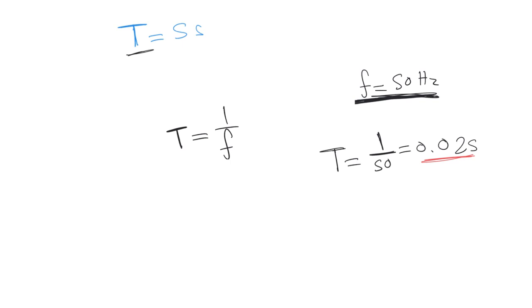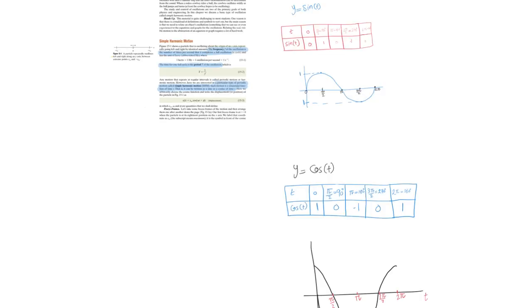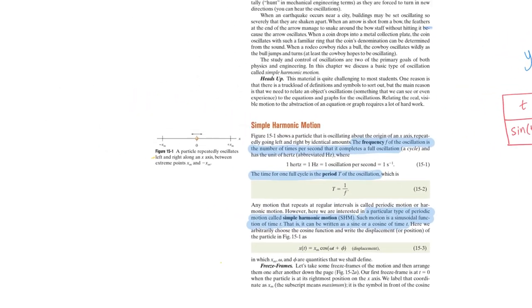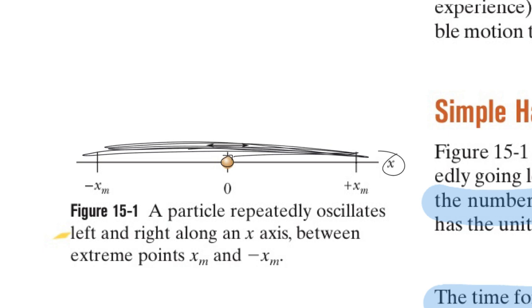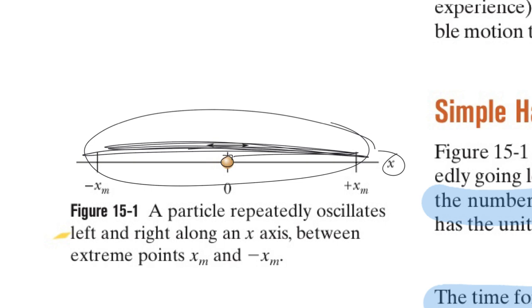If we now return to the book, what you can see from here, look, for example, here the particle, and this particle is repeatedly oscillated left and right along the x-axis. So this is a periodic motion.